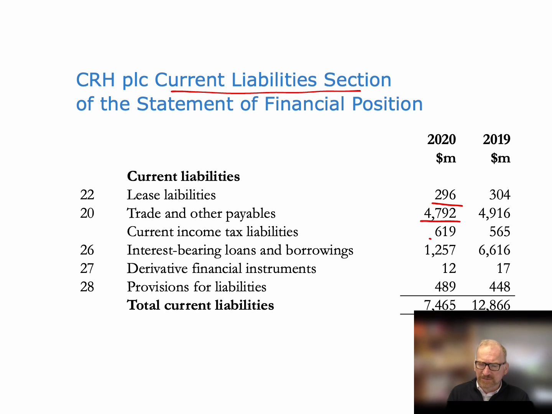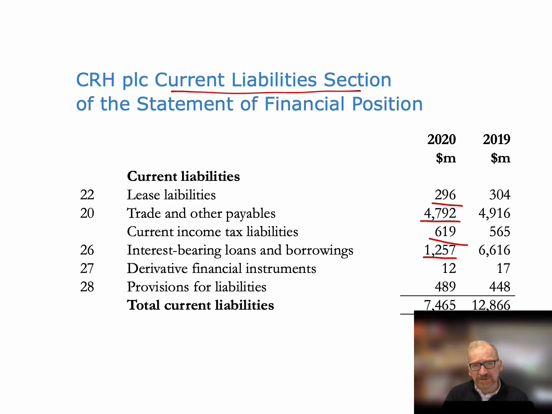Current income tax liabilities, so a tax that we have to pay in the short term. Interest-bearing loans and borrowings. Well, this is short-term debt. This is debt that is due within the next 12 months. We'll see when we get on to the next section that the vast bulk of debt is due off into the future. But this is the bit of debt that we're going to have to repay within the next year.